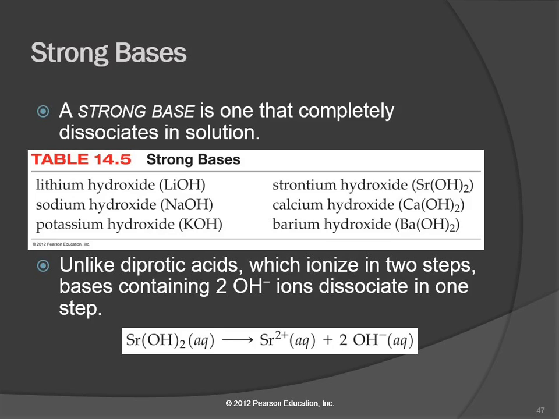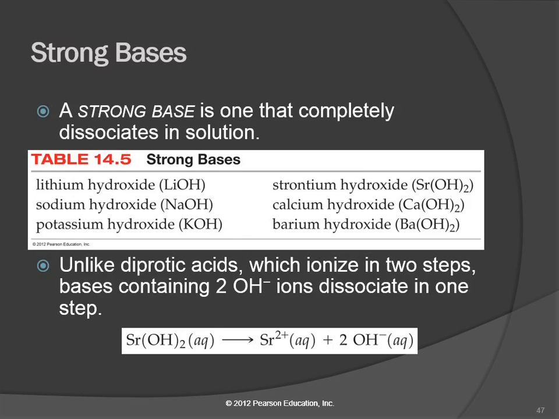Now with strong bases, again, a strong base dissociates completely. These end up being soluble metal hydroxides. And so these are the most common ones: lithium, sodium, potassium, strontium, calcium, and barium hydroxides.